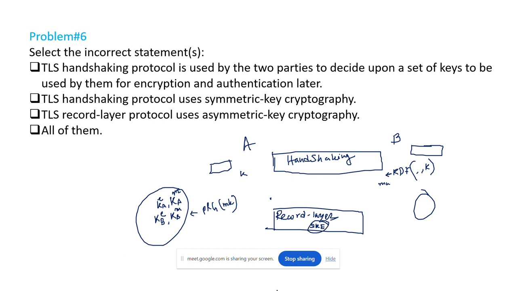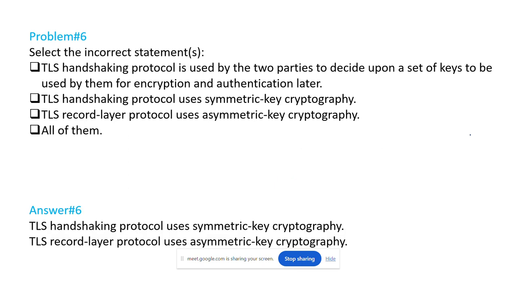So the rest of the communication will continue in the symmetric key setting, but the initial handshaking phase needs asymmetric key cryptography so that a symmetric key is agreed upon on both sides using some key exchange protocol. That is the brief summary. So here the incorrect statements are the second and third one, right?